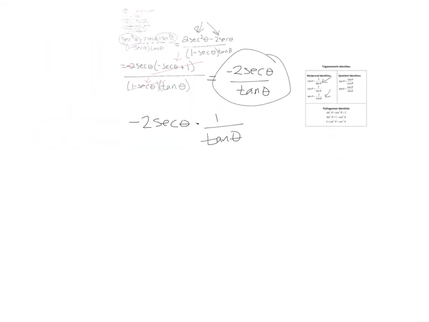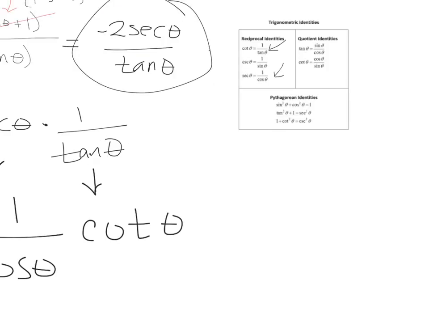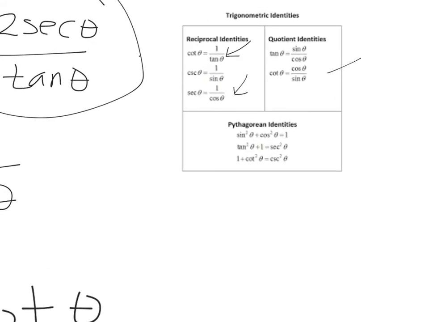Let's go ahead and rewrite those. That's going to be negative 2 times 1 over the cosine for secant, and 1 over the tangent is the cotangent. That looks good. We're getting somewhere. Now let's take a look at the quotient identity.